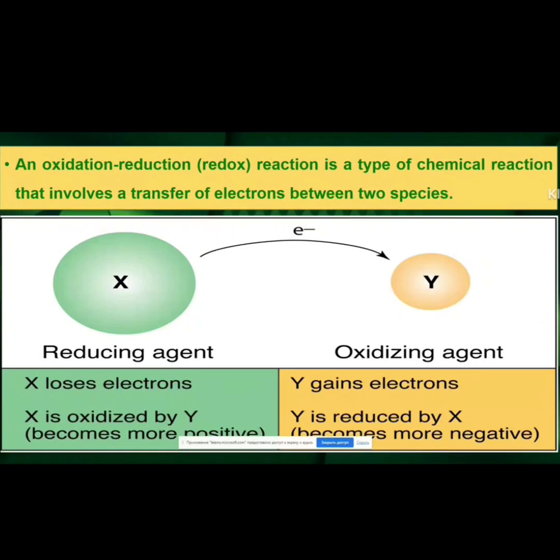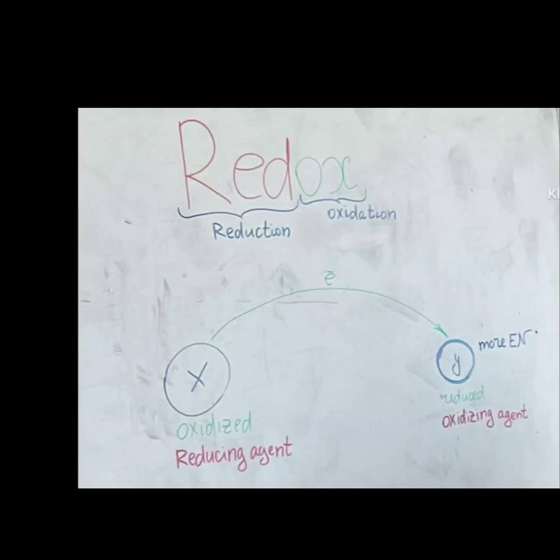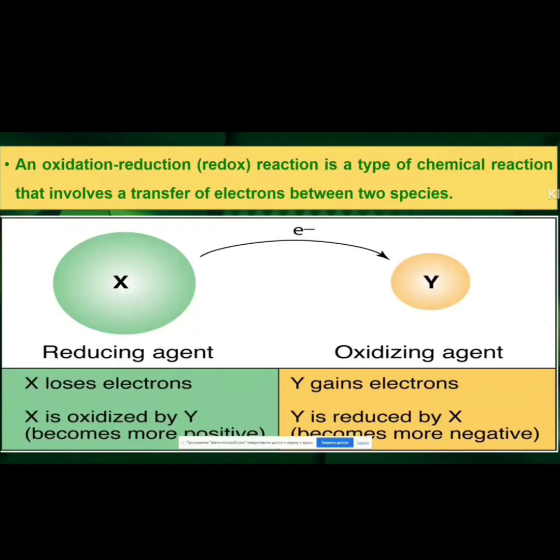If he is more electronegative, it means he is stronger. So he will take these electrons. That means that electrons from X will move to Y, and he will lose his electrons.